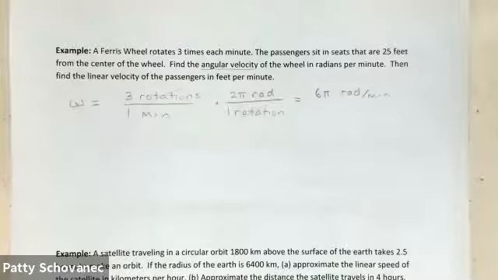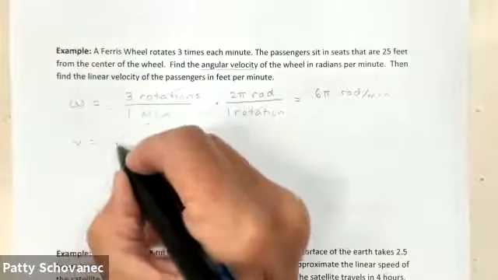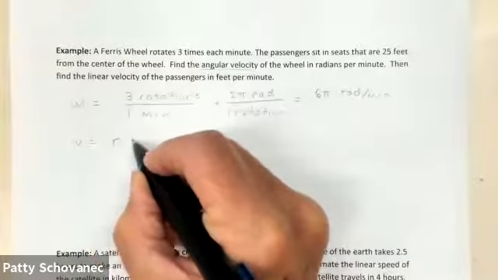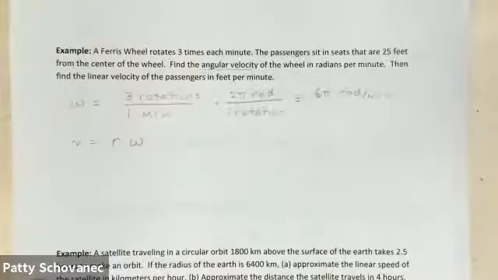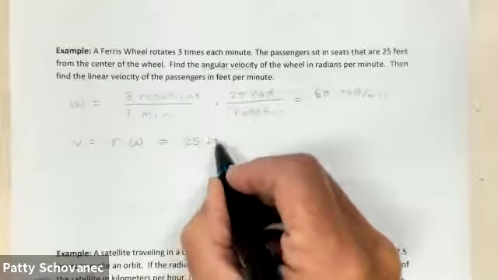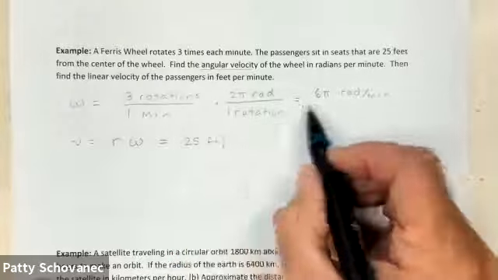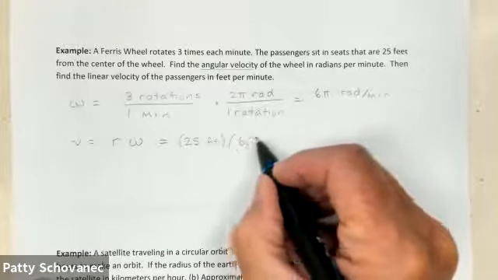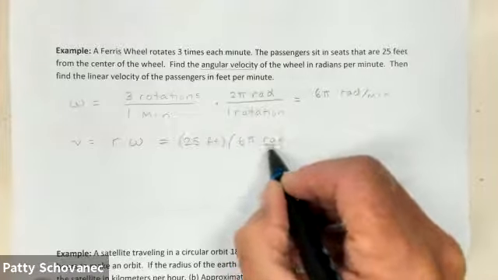Now to find the linear velocity of the passenger sitting in one of these little Ferris wheel cars, you take the angular velocity times the radius. Linear velocity is equal to the radius times the angular velocity. So my radius is 25 feet, and my angular velocity is 6 pi radians per minute.